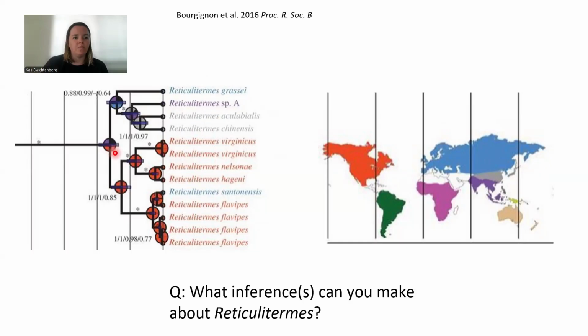With all of that background, we can assume that in the ancestor to all Reticulitermes, there was a split, so that one lineage of Reticulitermes is in North America, and another lineage is in Europe and Asia. So again, we are using our background knowledge of where these termites are from in order to make inferences as to the evolution of these taxa.